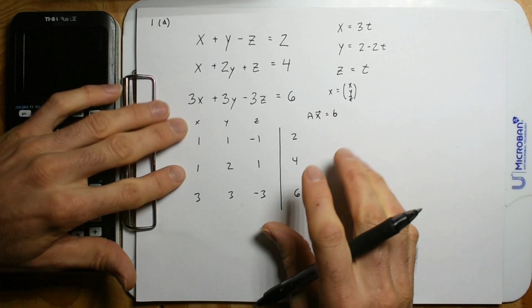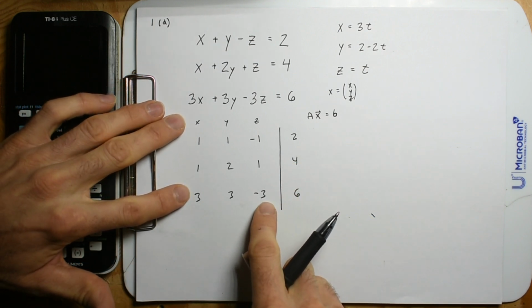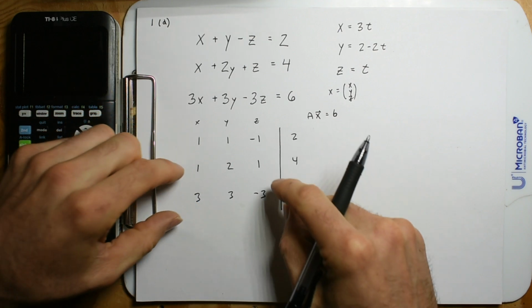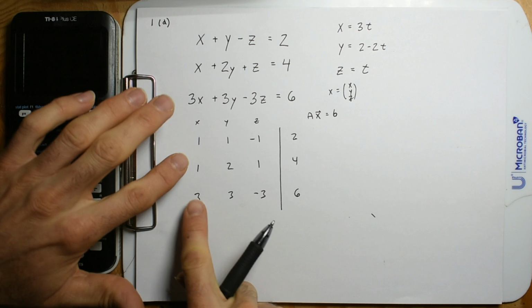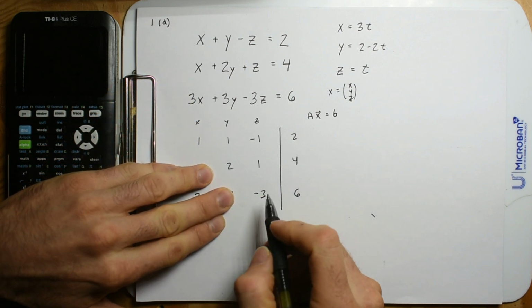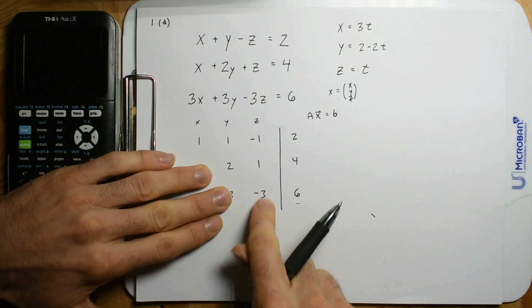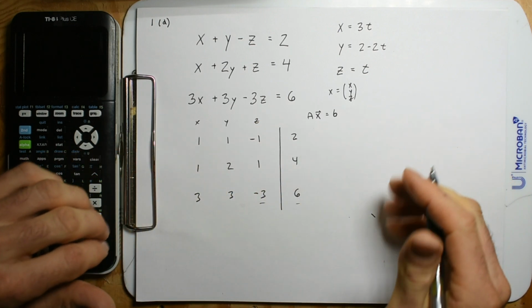Cool. But again, all we wanted to do for this video is go through how to use Gaussian elimination to get these to be zeros, to get this value of z to be equal to some sort of number.